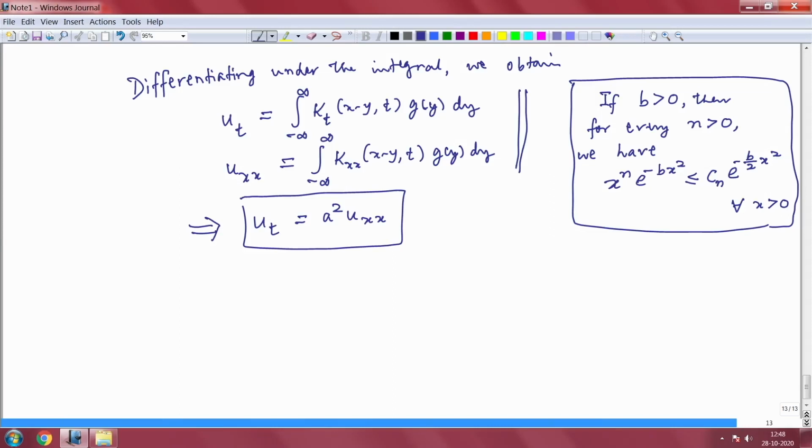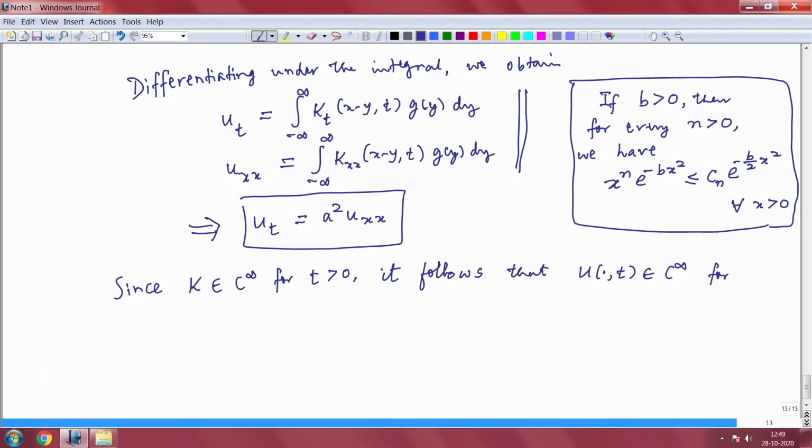But before doing that, since K is a C infinity function for t positive, and just like we did here, taking the differentiation under the integral sign, it follows that u(·, t) is also a C infinity function of x for t positive.